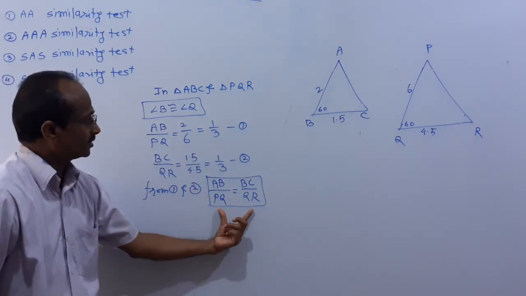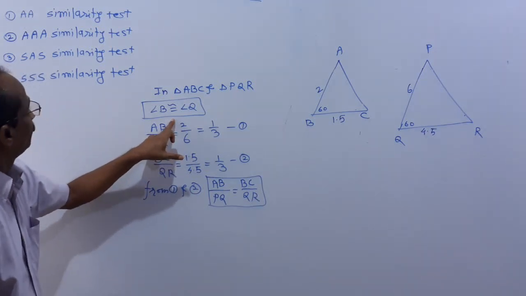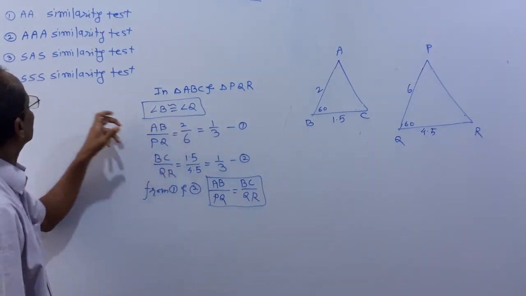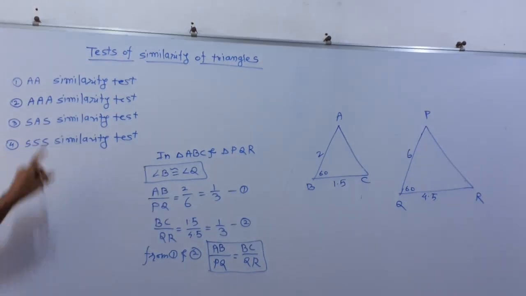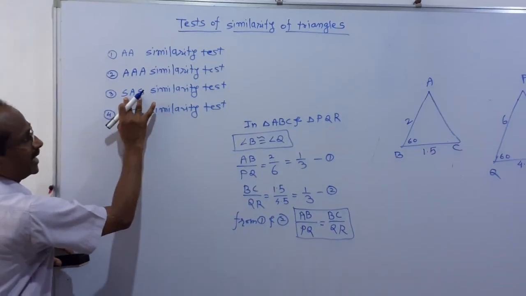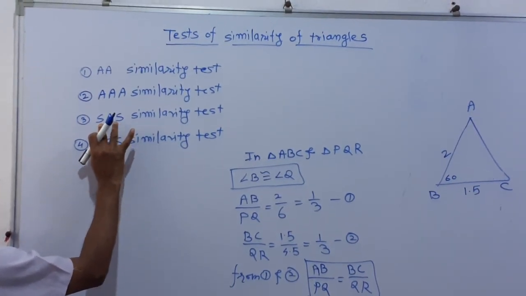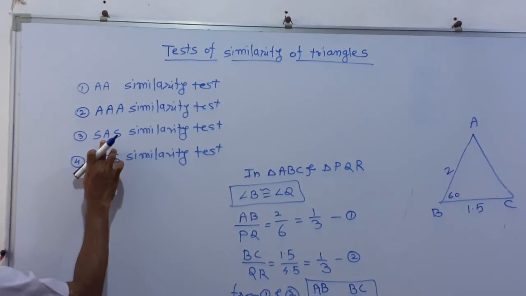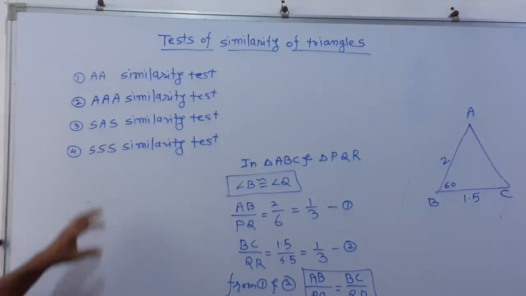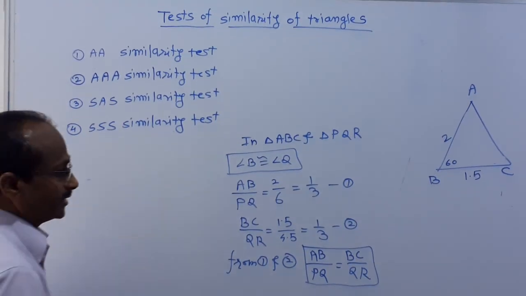If the sides are in proportion and the included angle is congruent, then we can say that these two triangles are similar by SAS, meaning if the ratio of two sides is in proportion and the included angle is congruent, then the triangles are similar by the SAS similarity test.